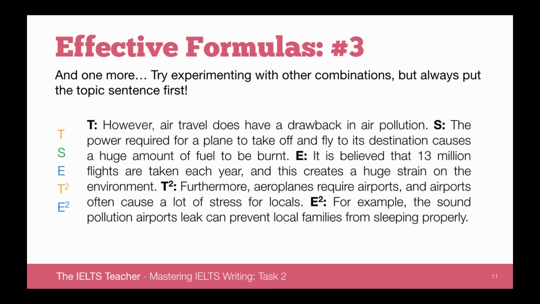So, using a mixture of supporting sentences, example sentences, result sentences, and alternative sentences after the original topic sentence creates a very well-developed, well-supported, extended, relevant paragraph for task 2.